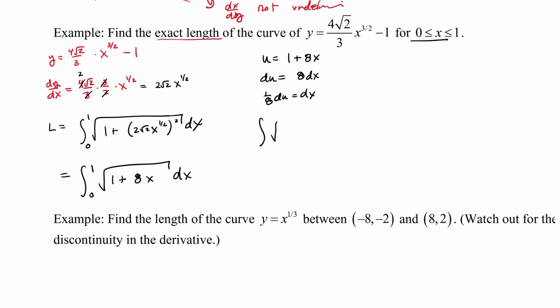My rewrite becomes the square root of u, 1/8 du, and let me make sure to change the limits of integration. Instead of from 0 to 1, it is now 1 to 9. So how about 1/8 times the antiderivative of u to the 1/2: make the exponent 1 bigger, multiply by the reciprocal, from 1 to 9.